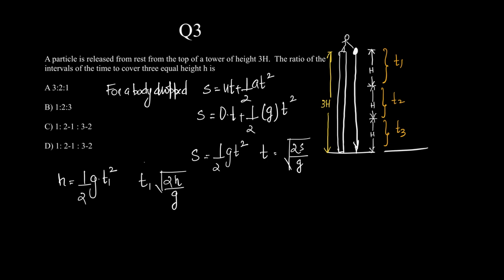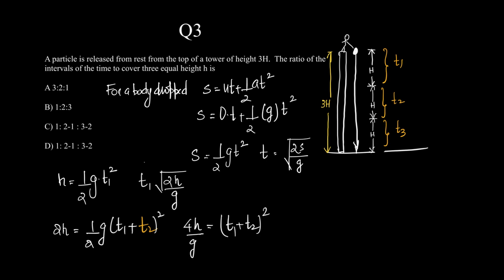Let us now look at the second interval. So for the combined intervals t1 and t2, the complete distance traveled is 2h. I repeat, for the combined intervals t1 and t2, the distance traveled is 2h, in which case we can write that 2h is equal to half into g into t1 plus t2 the whole square. So this will further give us 4h by g is equal to t1 plus t2 the whole square.